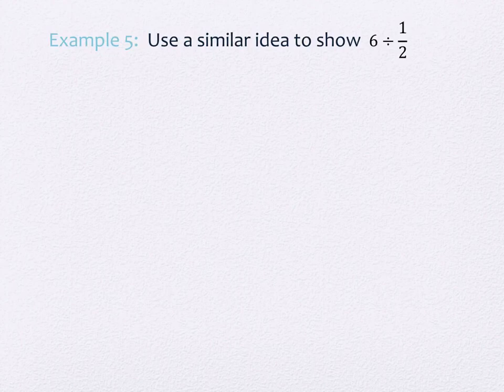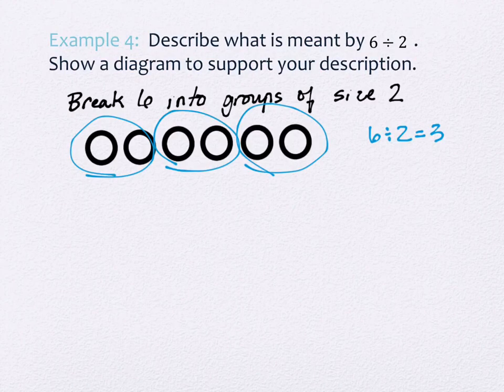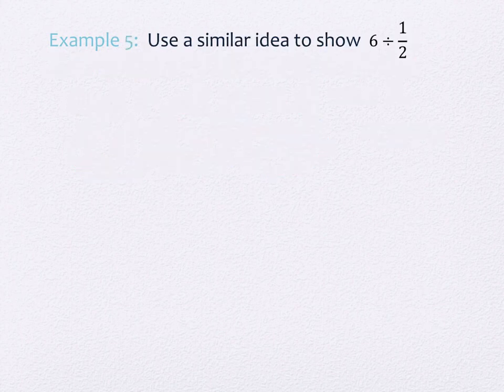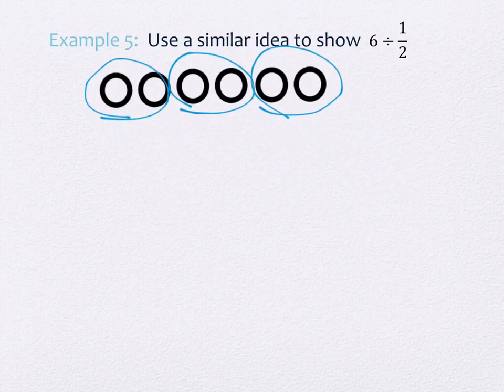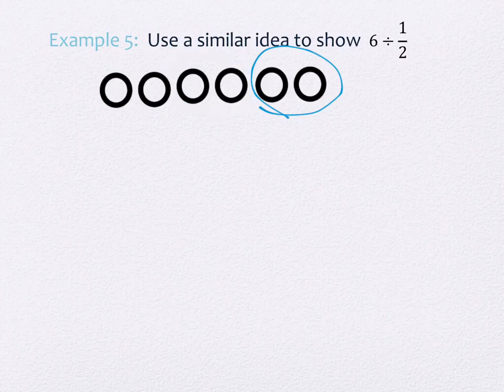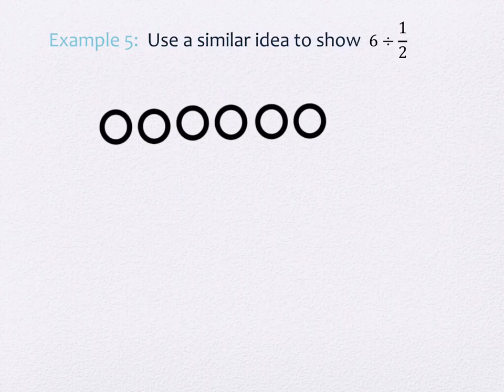So we would have, again, that same 6 cookies. Oh, I want my 6 cookies. I don't want to have to draw them again. But instead of having groups of size 2, we're going to have groups that are size 1/2. What does that mean? Well, I'm trying to find out how many halves there are if I have halves of cookies instead.